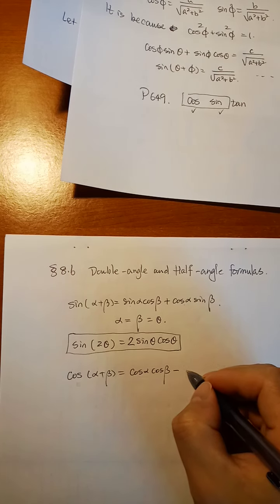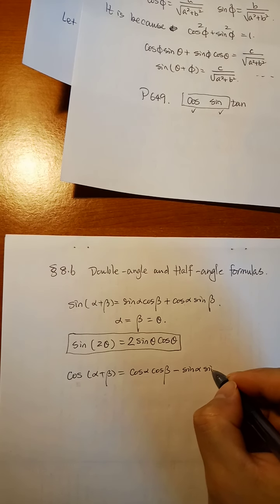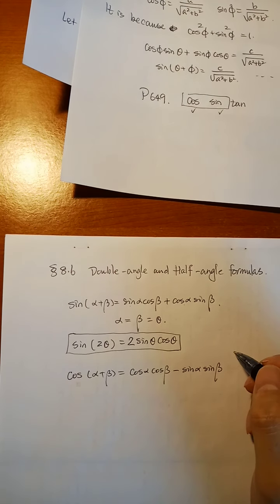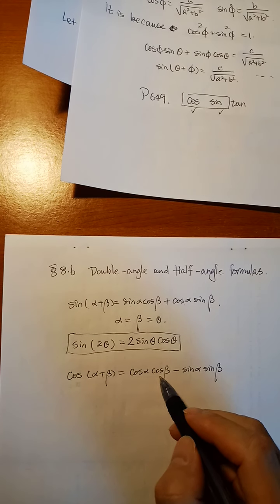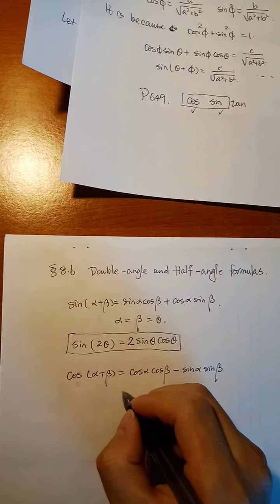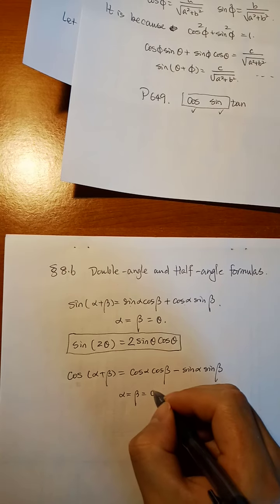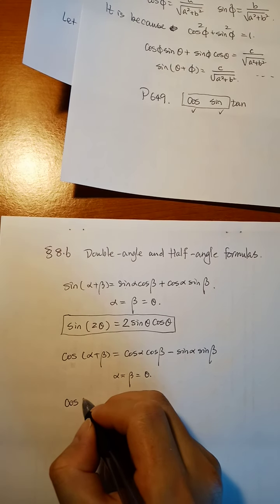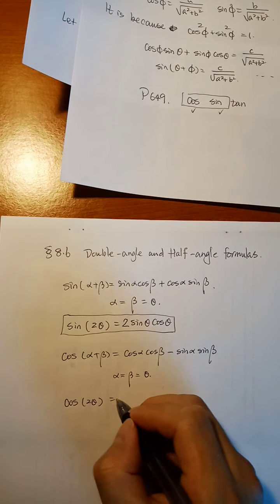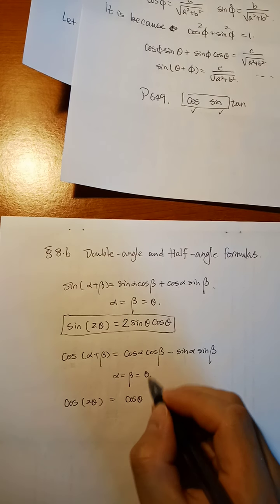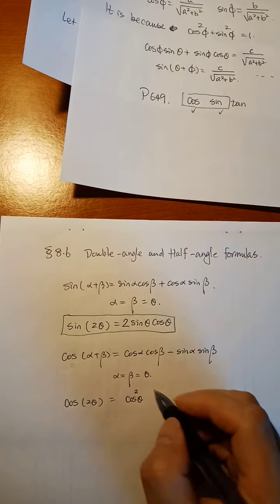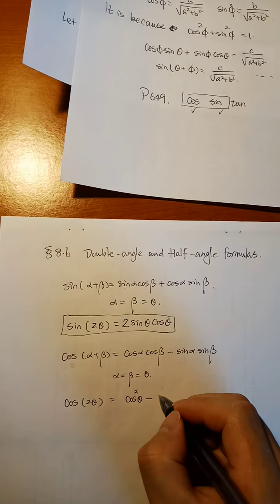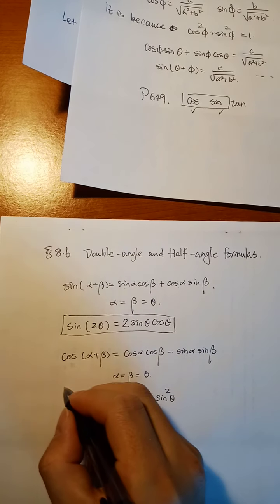Okay? So we apply this process for the cosine. Cosine of alpha plus beta is cosine alpha cosine beta minus sine alpha sine beta. And the same thing, we let alpha equal beta equal theta. So cosine of 2 theta is cosine theta times cosine theta, cosine theta squared, minus sine theta times sine theta, sine theta squared.